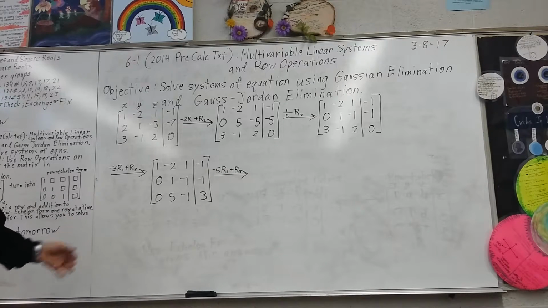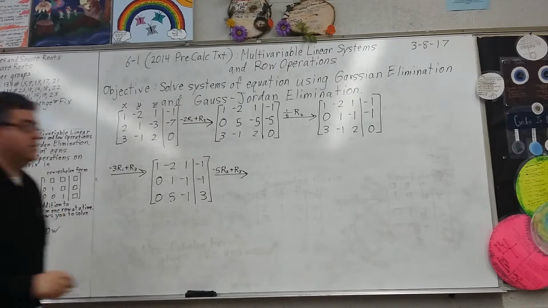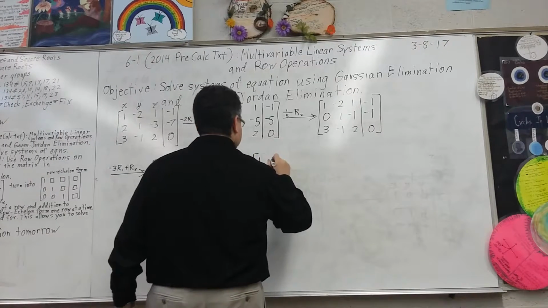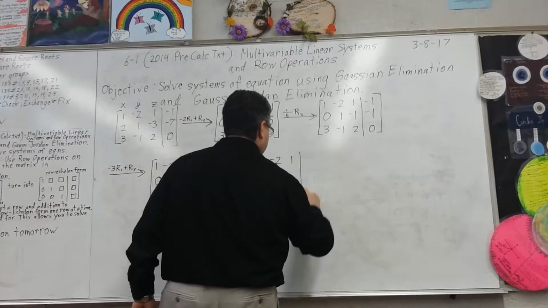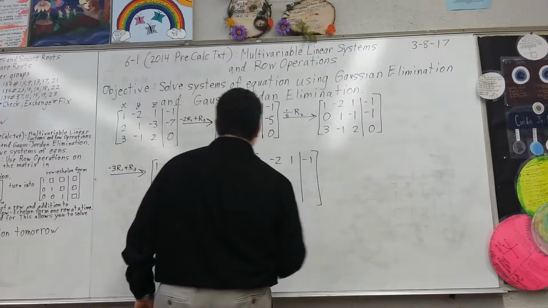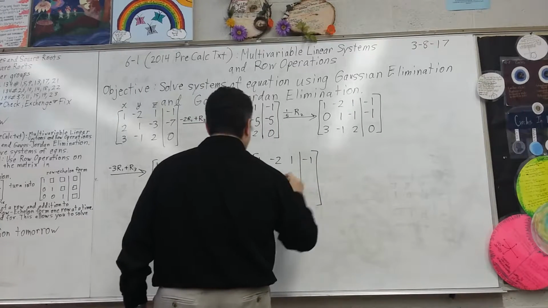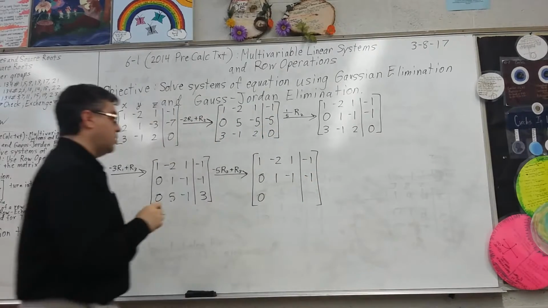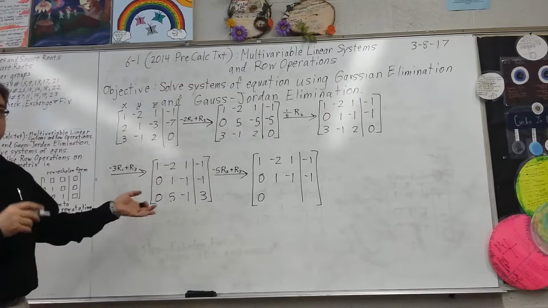And that's all I care about. Whatever happens to the rest of the stuff just happens. First row stays the same. Second row stays the same. Third row still starts out with 0 because 0 plus 0 is 0.